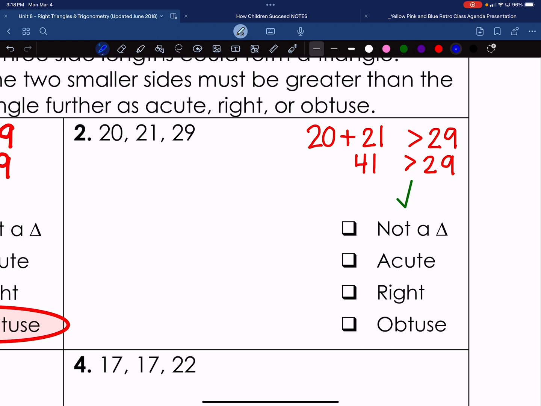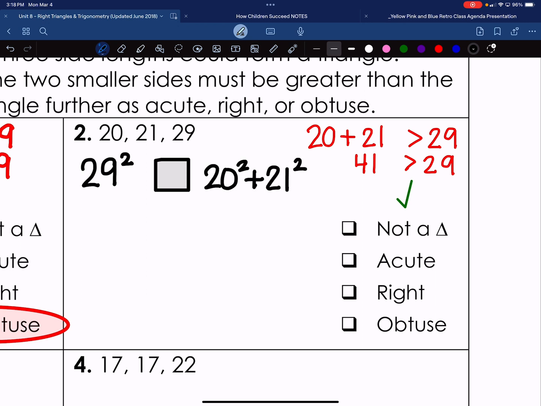Okay, so c squared always goes first. So 29 squared, we're going to do that first. And then on the other side, we're going to do 20 squared plus 21 squared. Okay, so this is all calculator work.